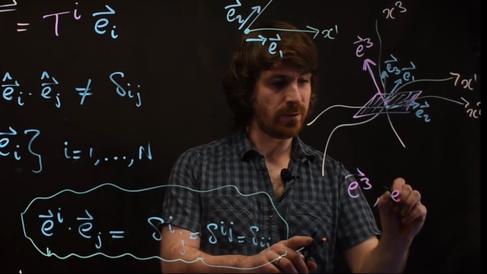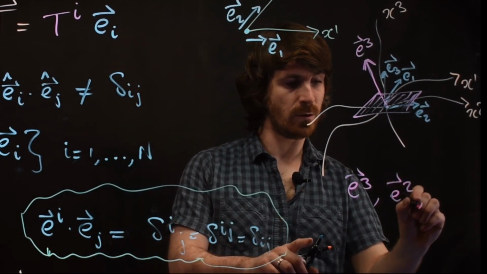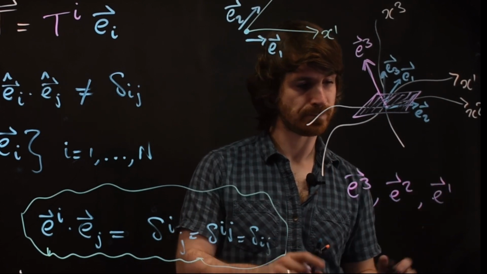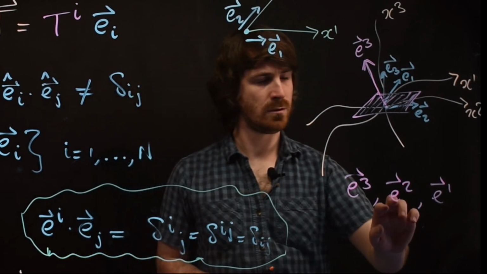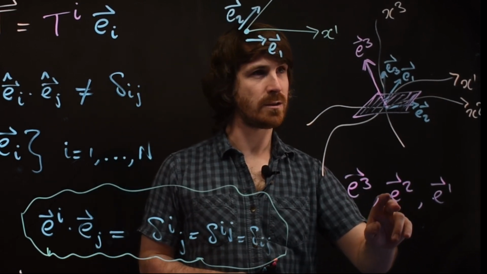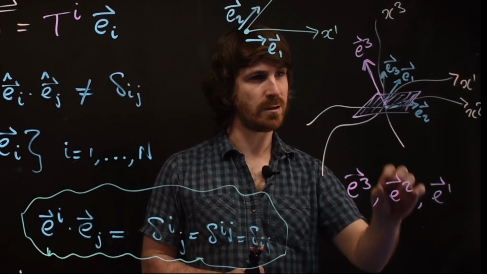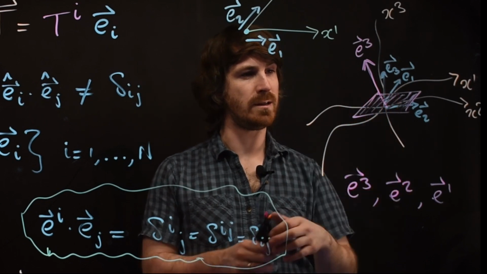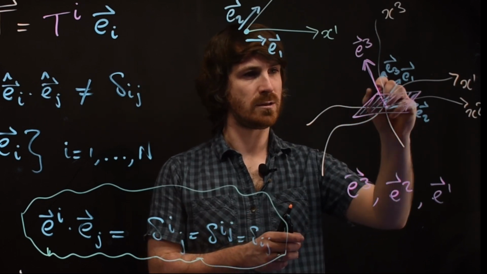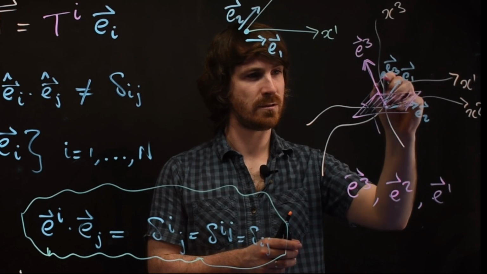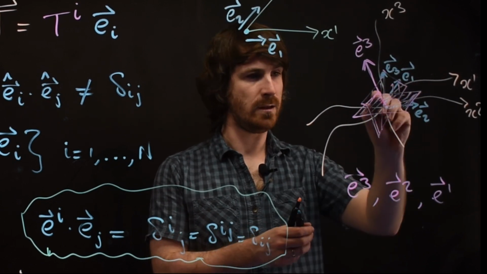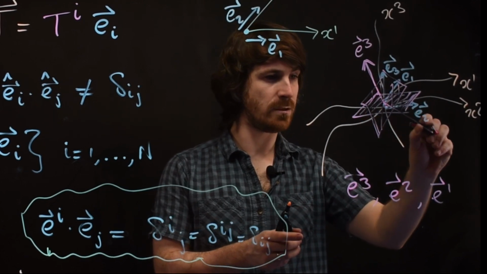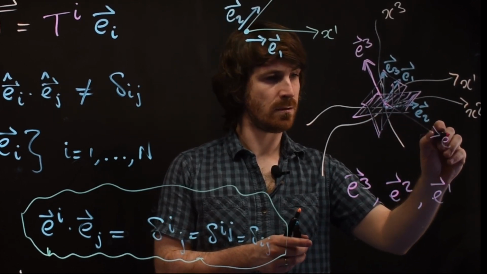And similarly with e^2: the dual basis vector for the second coordinate is perpendicular to both e_1 and e_3. So there's some sort of coordinate surface that both of those vectors are in, and e^2 points perpendicular to it.